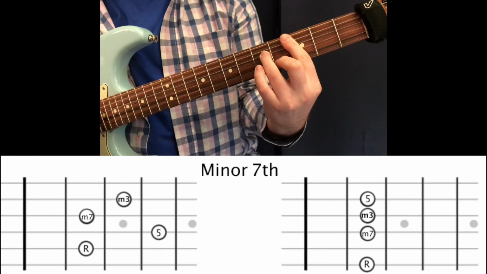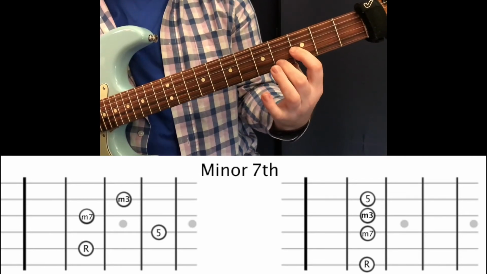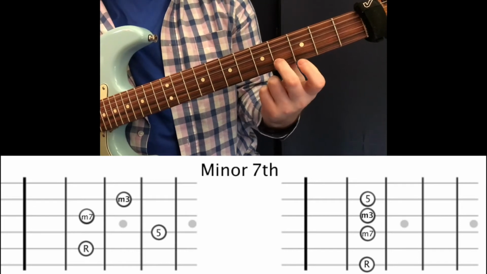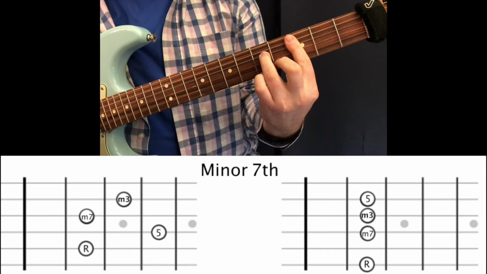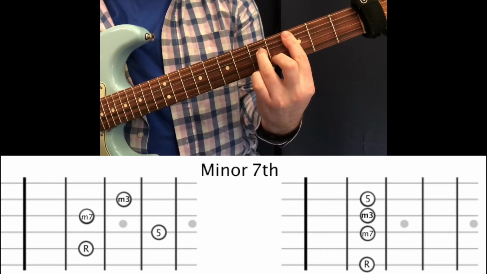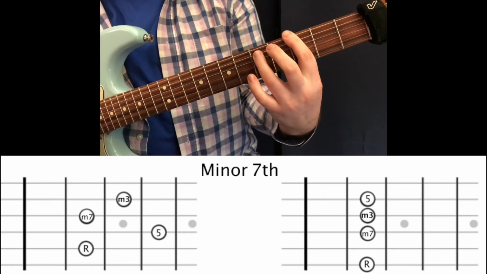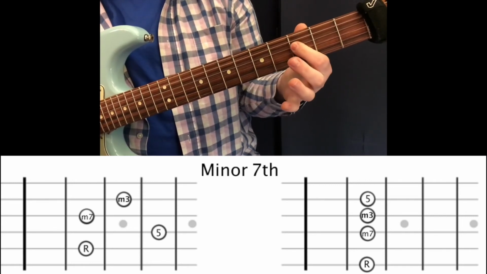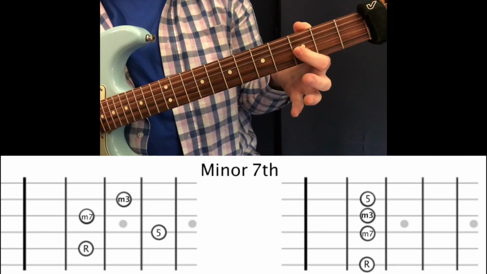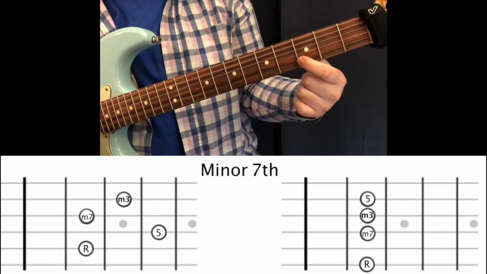So you have the root, the 5th, the minor 7th, the minor 3rd, and then the 5th again. Then for the 6th string, you have the root, the 5th, the minor 7th, the minor 3rd, the 5th, and then the root.